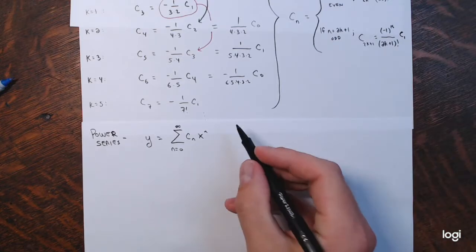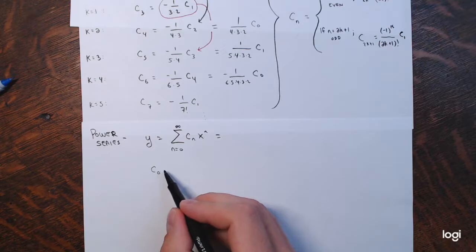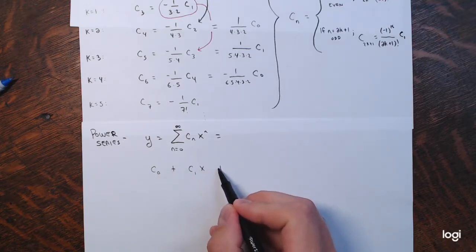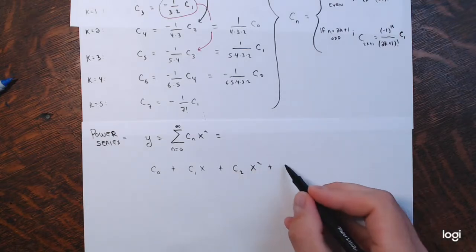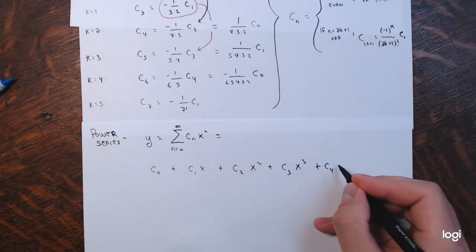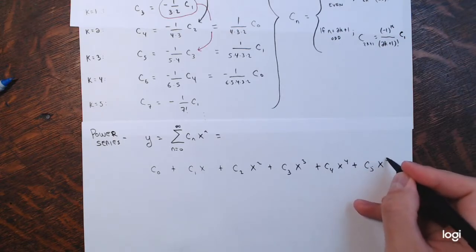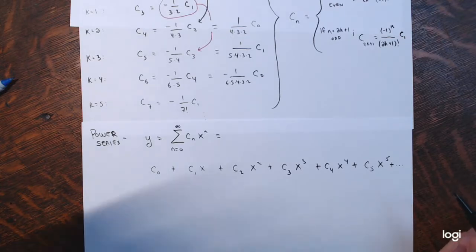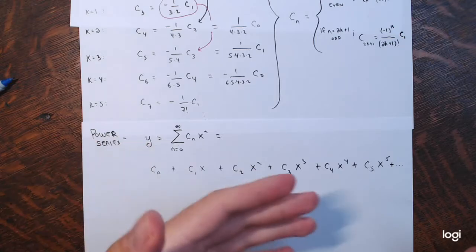If I write this out, I'll write out a bunch of terms: c0 plus c1 times x plus c2 times x squared plus c3 times x to the third plus c4 x to the fourth plus c5 x to the fifth, and so on. Then substitute what I have found these constants to be equivalent to.